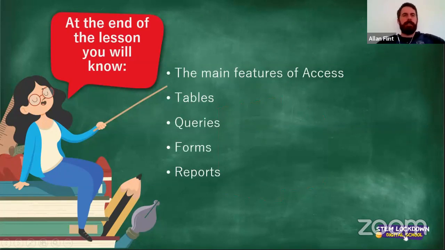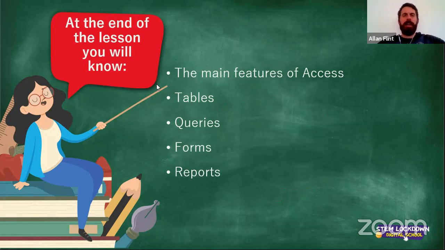Okay, today's lesson, what we are going to look at today is the main features of Access. We're going to be looking at a table, a query, forms, as well as reports. So those are the main things that we're going to be looking at today.